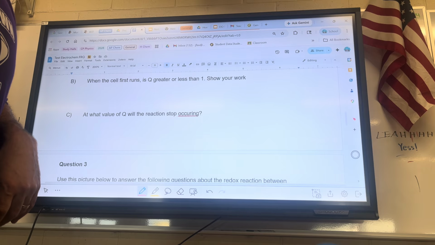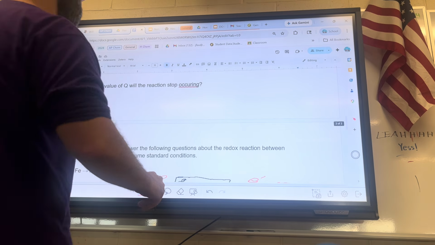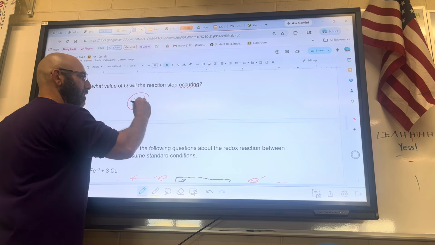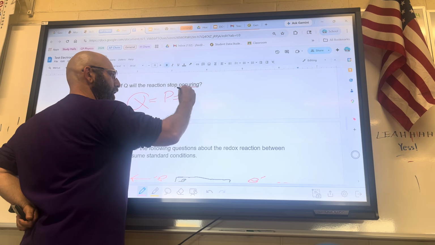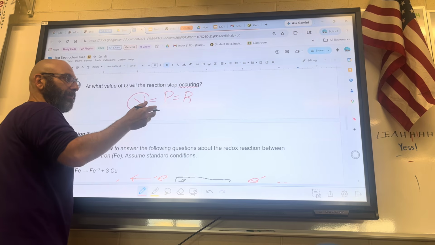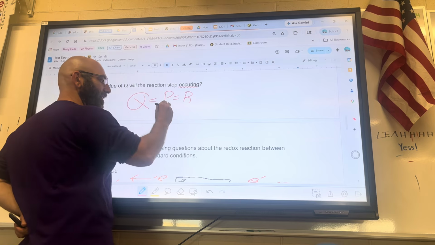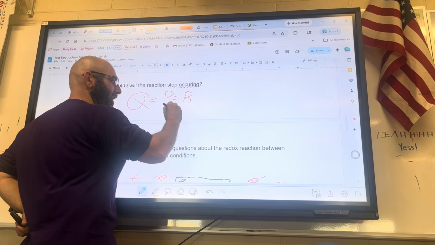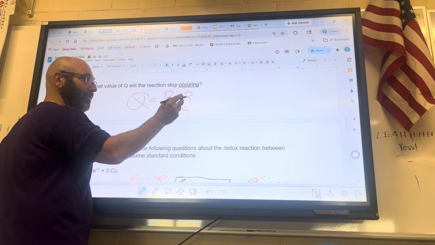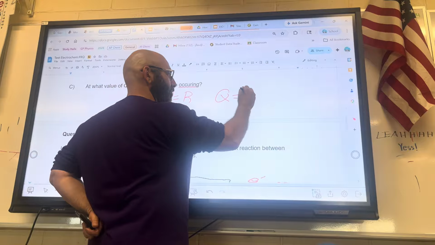At what value will the reaction stop occurring? Well, it'll stop occurring when P equals R, when the product equals the reactants, aka when the anode equals the cathode. So at this point, Q would be 1.